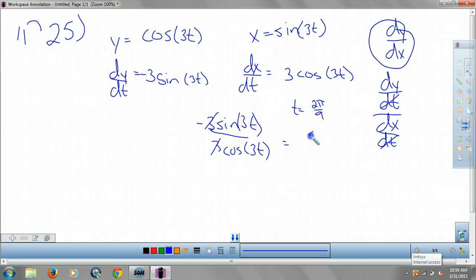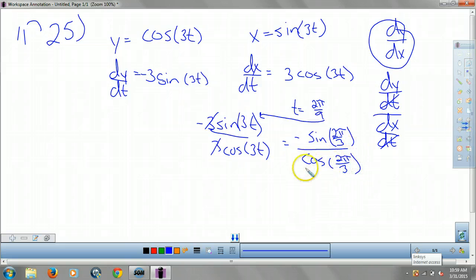So it's negative sine of, well, cancel, you get 2 pi over 3, and you're plugging that into that equation, over cosine of 2 pi over 3. Again, you're just plugging it in for t. Right?